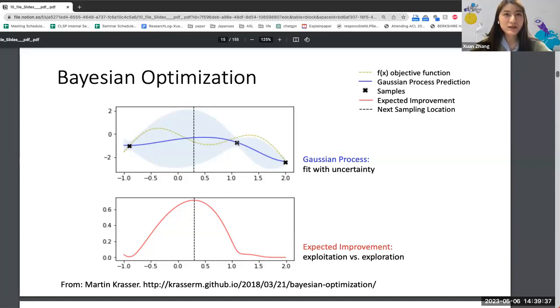So, for example, this and this point, their expected improvement values are low. Meanwhile, the point near point 3 here offers a good balance between prediction and uncertainty, resulting in the highest expected improvement value. This point will then be sampled and evaluated by the target function.